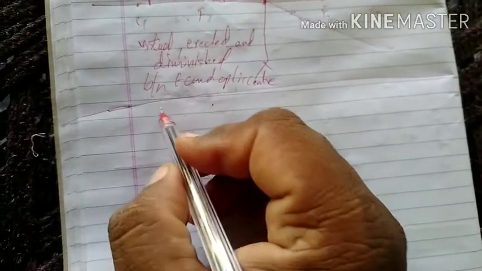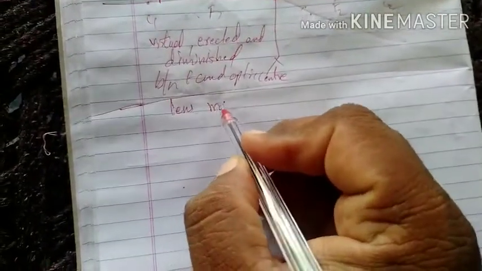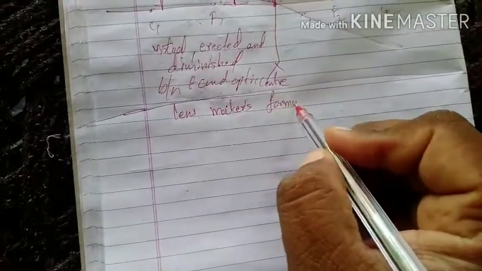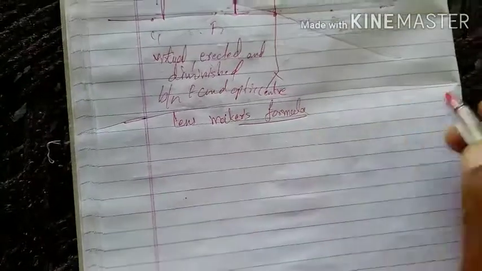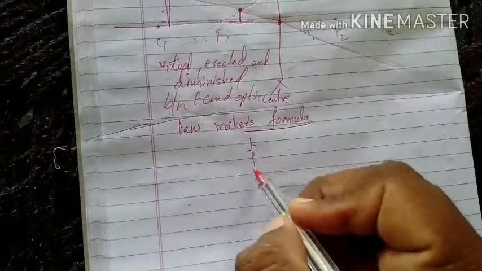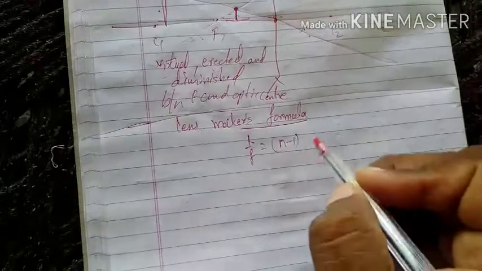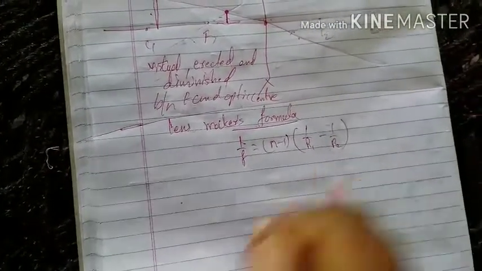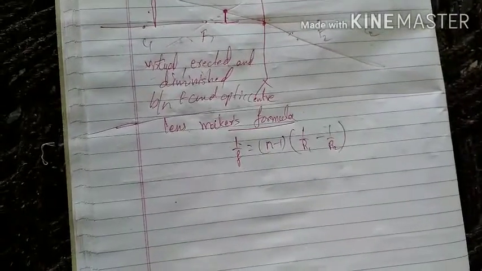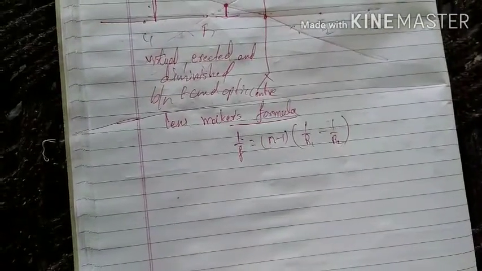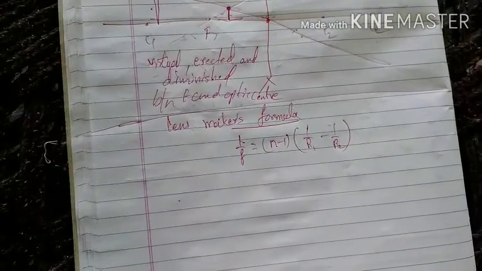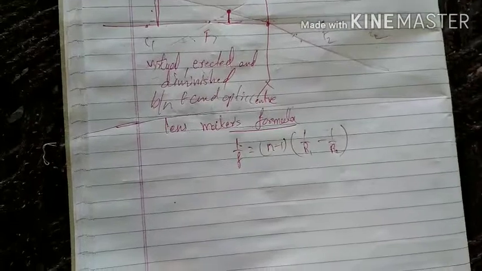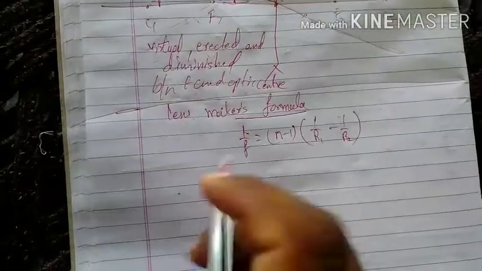So the lens maker's formula is this: 1 by f is equal to (n minus 1) into (1 by R1 minus 1 by R2). This formula is called the lens maker's formula.